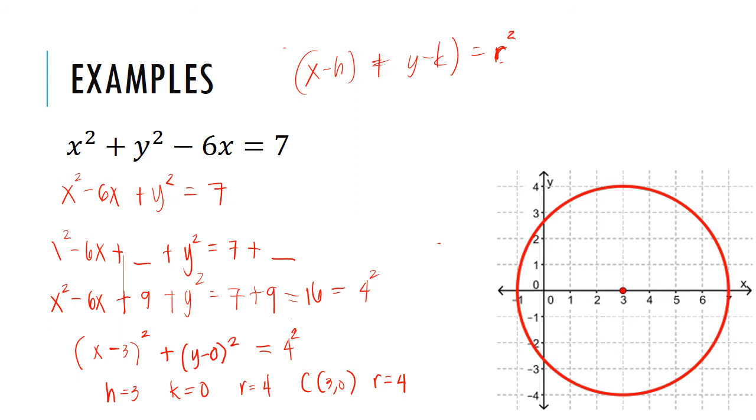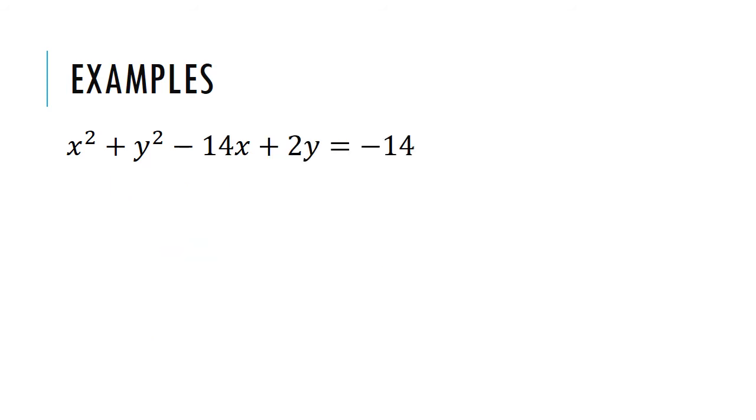Burahin ko lang itong mga to. Let's try example number 2. Tingnan natin kung perfect square ba yung lalabas. So, ito. X squared plus y squared minus 14x plus 2y equals negative 14. Again, complete the square.